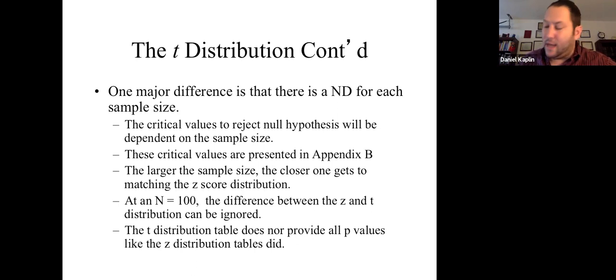All right, now what do you do if you have a sample size that is in between two numbers on your table? So if you look at the table that I just showed you on the screen, it goes 1 through 30 and then skips to 40. So what happens if you had a sample size of 35, which means you have degrees of freedom of 34?